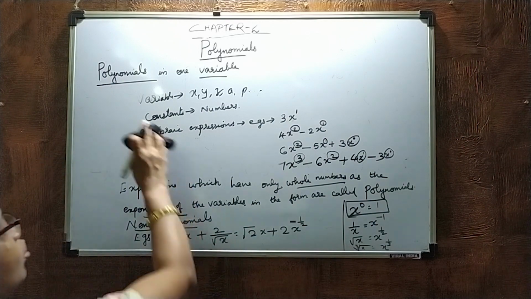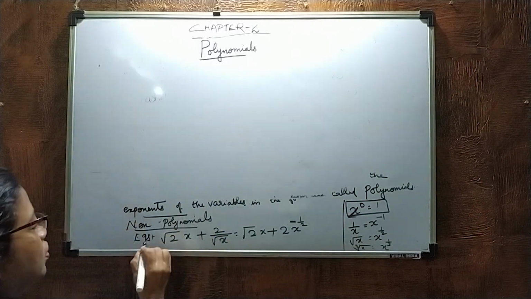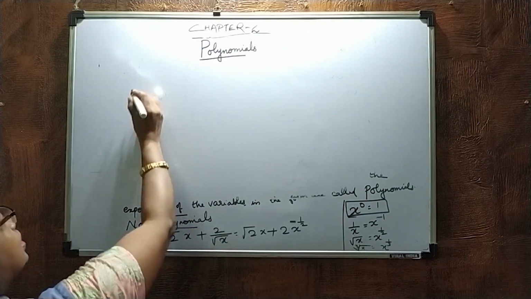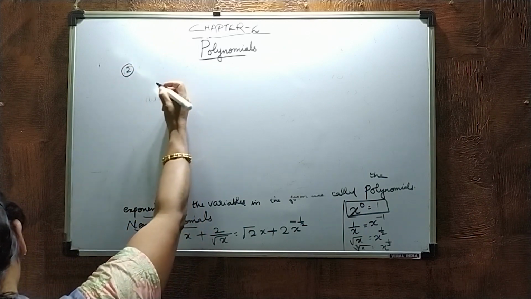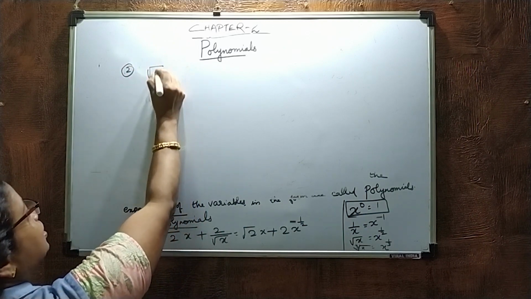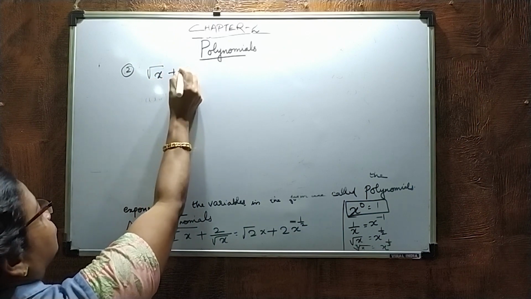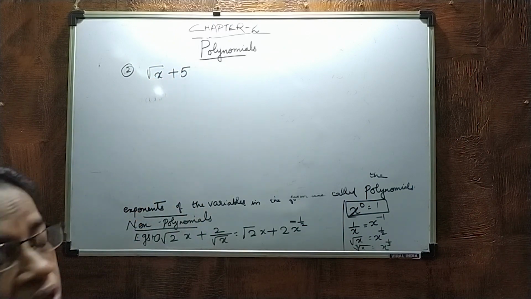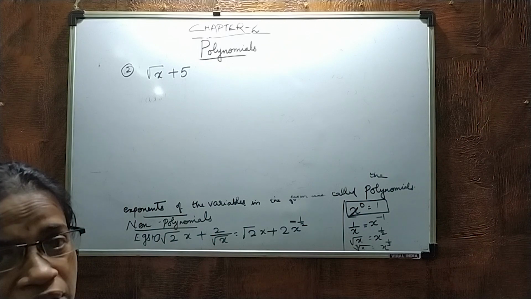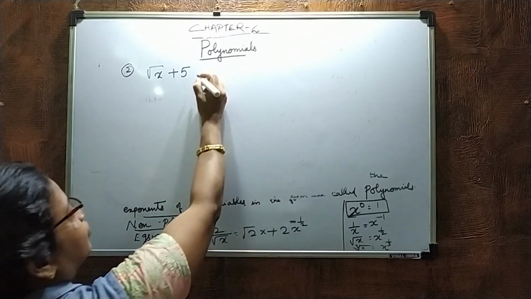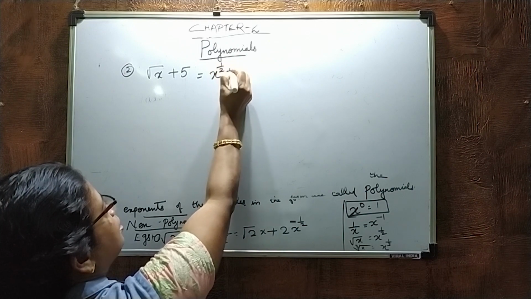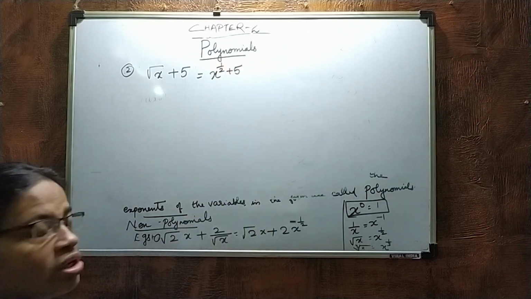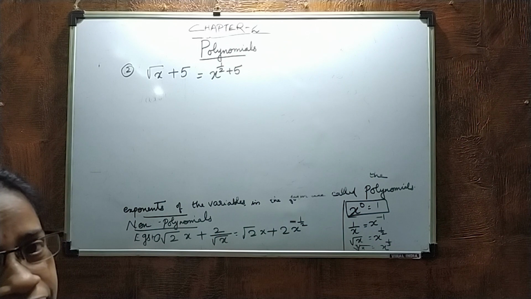Now, the next example also I will tell you. This is the first example. Second example, root x plus 5. Can you say, is it a polynomial? No. Why? Because root x means x raised to 1 by 2, plus 5. It is not a polynomial.